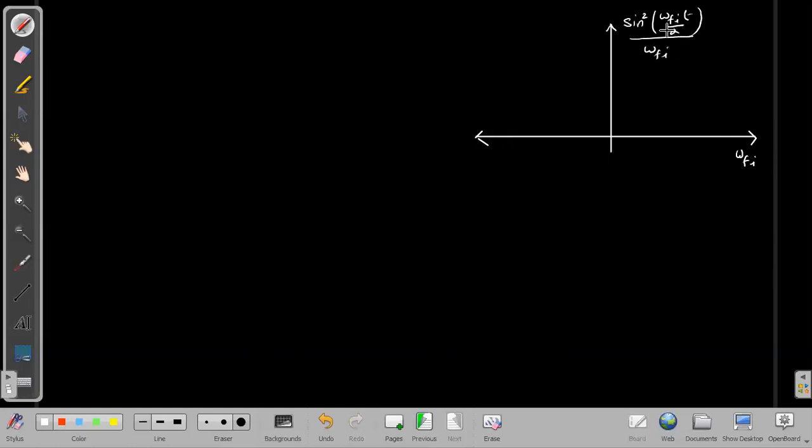So this graph would get maximum when ωfi tends to 0. So when ωfi tends to 0, you'll get maxima there. Then it would oscillate.